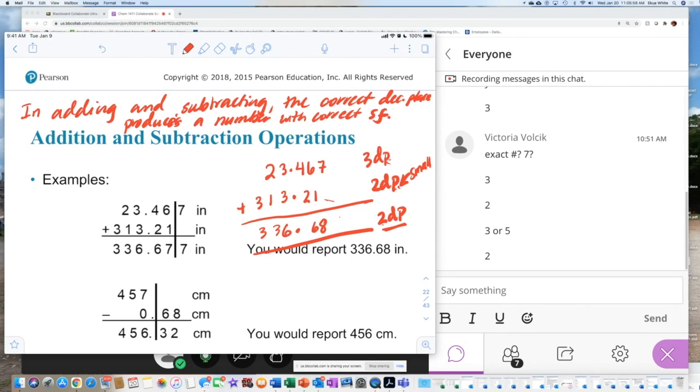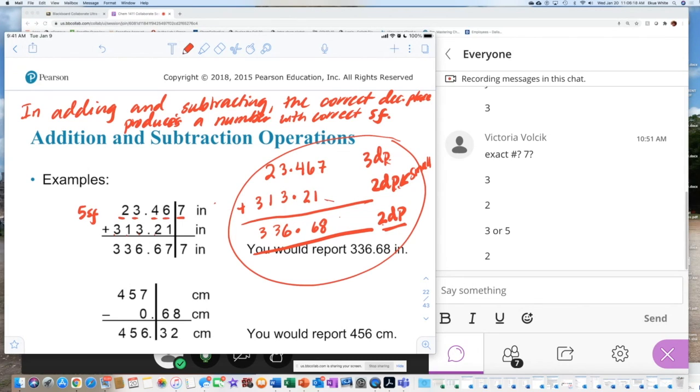So what I mean by that is, let's count the significant figures now. We did the decimal place. We did the process right here. But now let's count the significant figures. I have 1, 2, 3, 4, 5. This is 5 significant figures. I'm going to write it to the left because I don't want to confuse it with the rule.